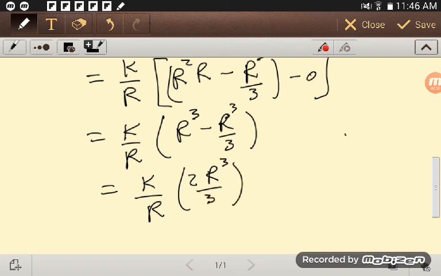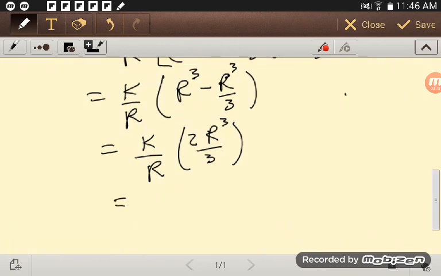Now simplifying a little bit more, we get that our average flow is 2k over 3, and then R cubed over R is just R squared. Okay, so there is our average, and that is number 62.